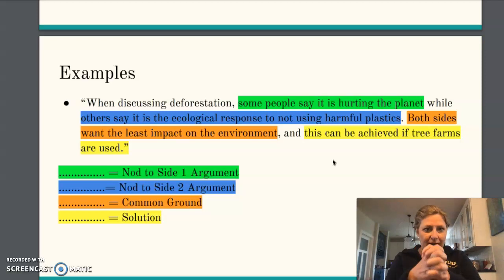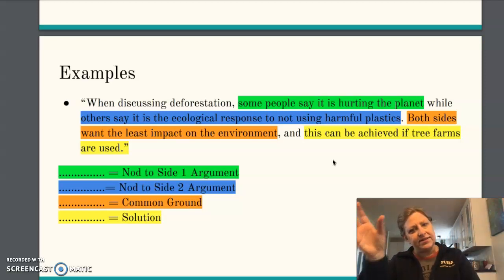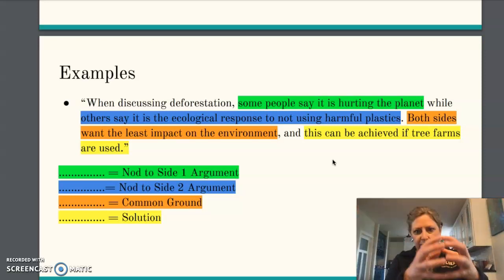Both sides want the least impact on the environment. This is your common ground statement, because a lot of this paper is this side believes this, that side believes that. Here's where they actually have common ground, and this is how we can arrive at a solution where both sides gain something. That's what a Rogerian argument is all about.